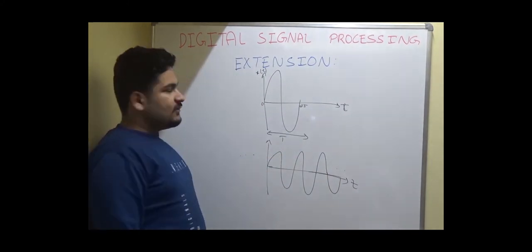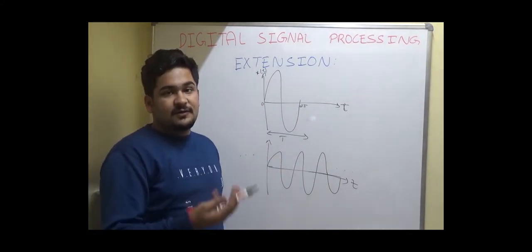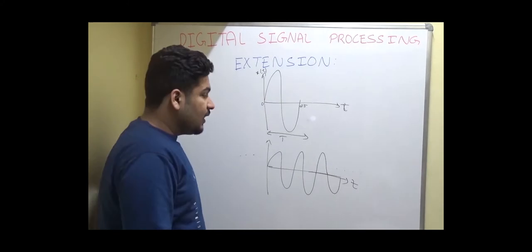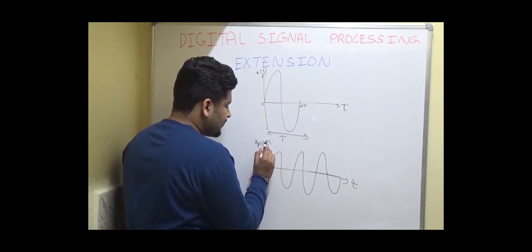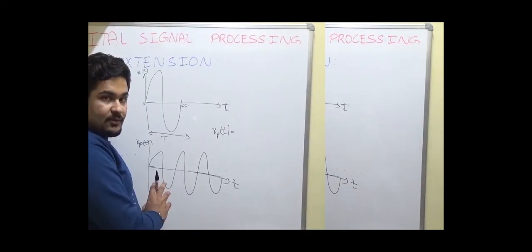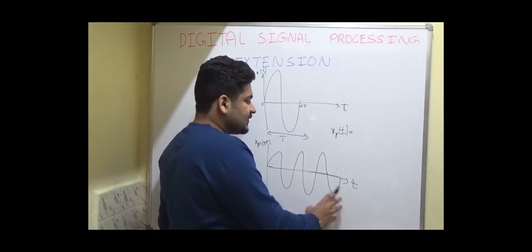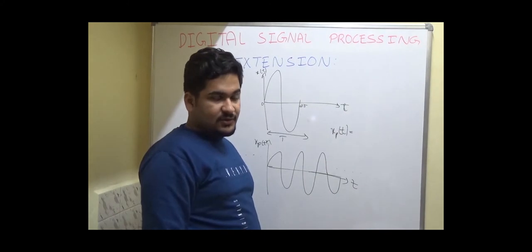Now we have seen how we represented the process of truncation. Now let us see how do I represent this signal. If this signal is represented by xp of t, let us represent the process of extension as we did in the case of truncation.